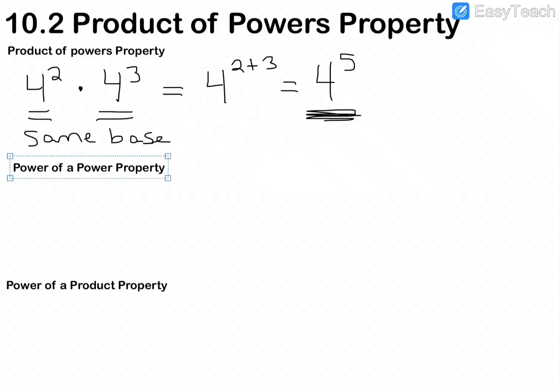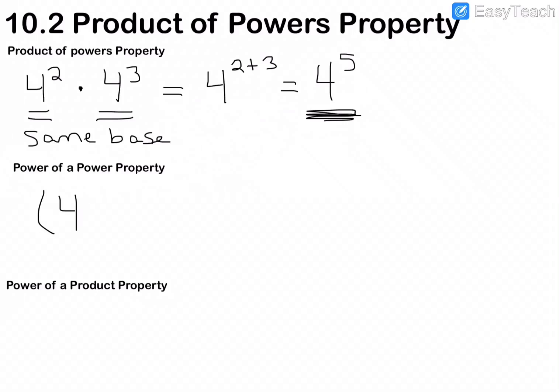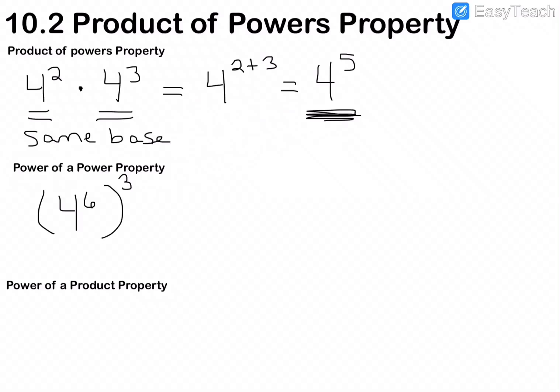So what this is going to indicate is if we have, for example, 4 to the power of 6 in parentheses, and that whole thing raised to the power of 3. Okay, so we know that the exponent is indicating multiplication here. When you have numbers or exponents inside parentheses with a power or with an exponent outside the parentheses, then instead of adding, you are actually multiplying now.